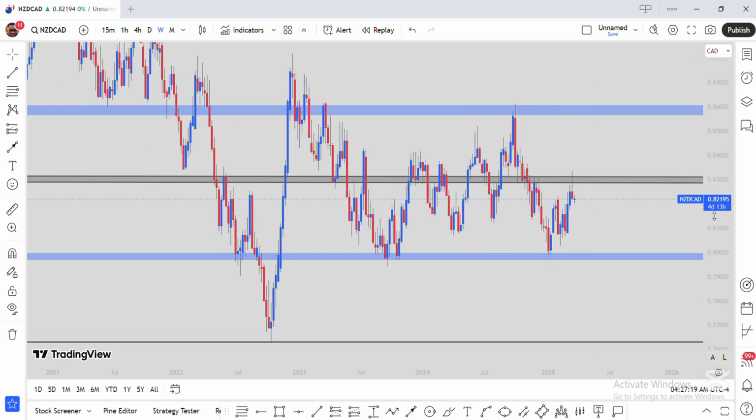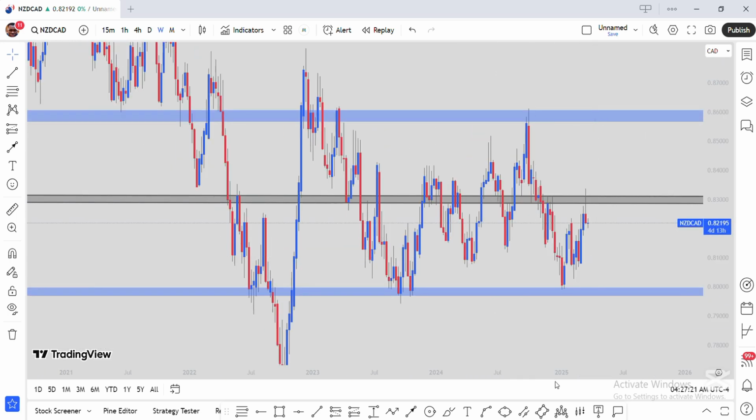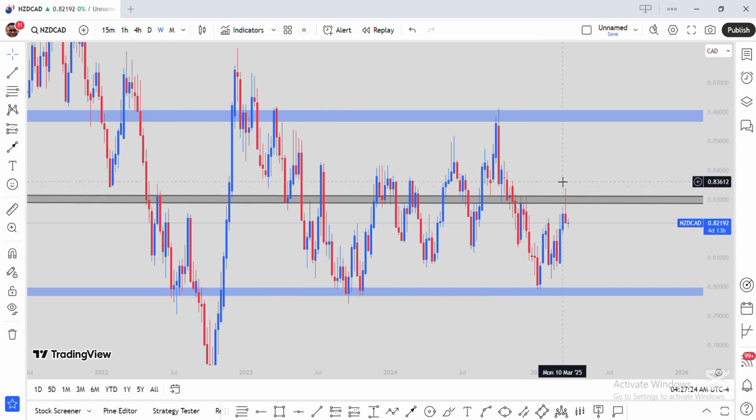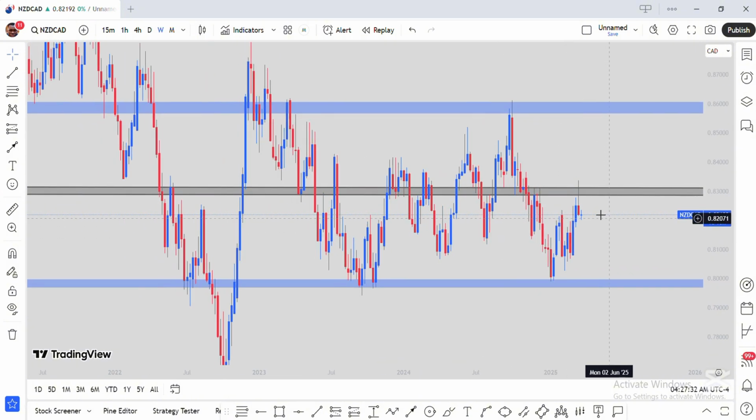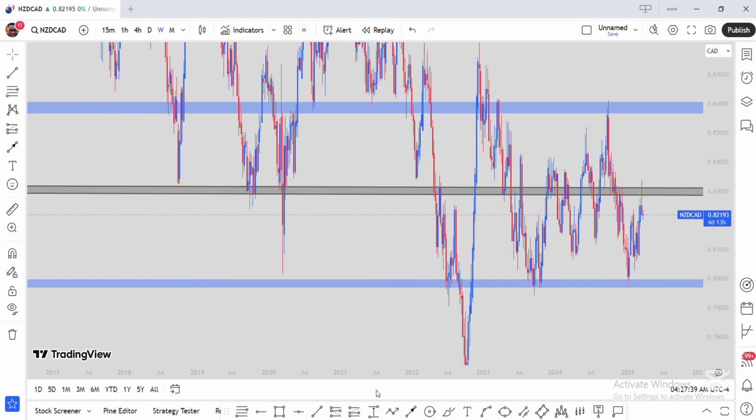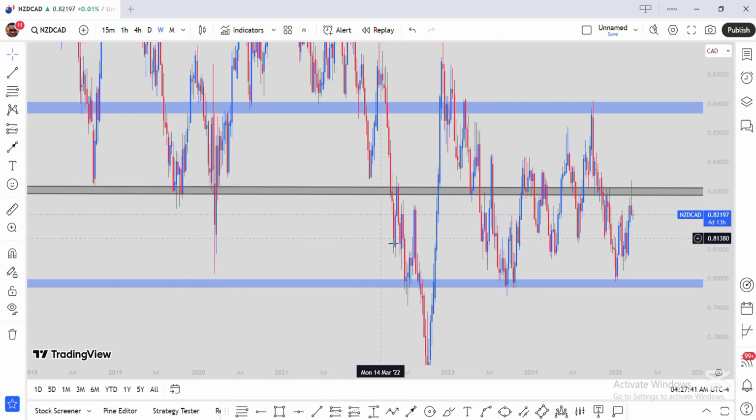So price retraced to create a lower high around this region. I can see this high is lower than this previous high, so this seems like a lower high, and there was still a minor level around this region. I drew this level on the daily time frame, so I'm expecting price to come into that zone.